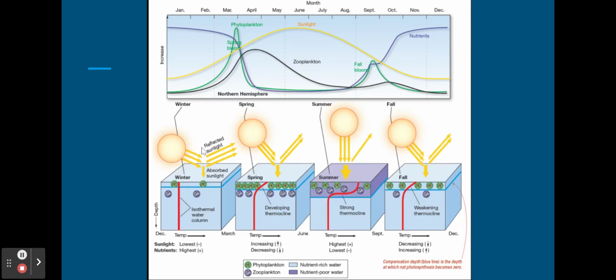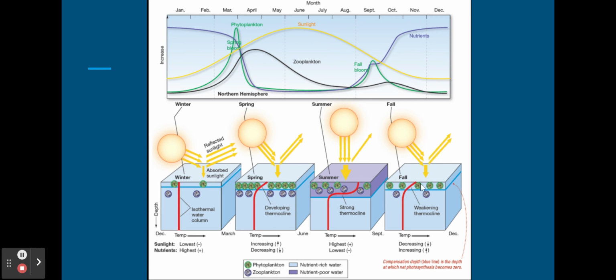Okay, so essentially, like in this picture, during winter, there's very little sunlight, not a lot is absorbed, and you have a lot of nutrients, but not a lot of productivity because not a lot of light. Then in the spring, you have increased productivity because there's more sunlight and they have nutrients, but they use those up really quickly. Now, in the summer, there's a very strong thermocline, which prevents more nutrients from getting in. And so, even though there's a lot of sunlight, there's low productivity because there's not enough nutrients.